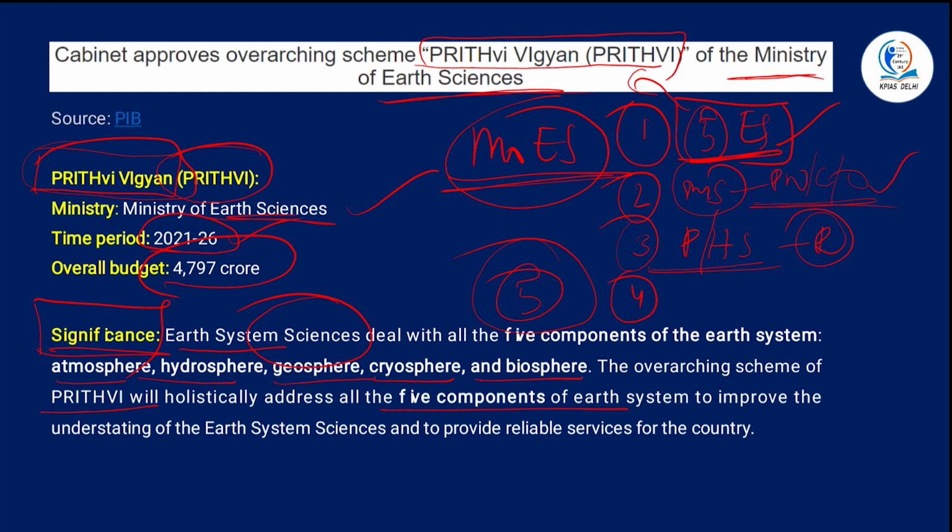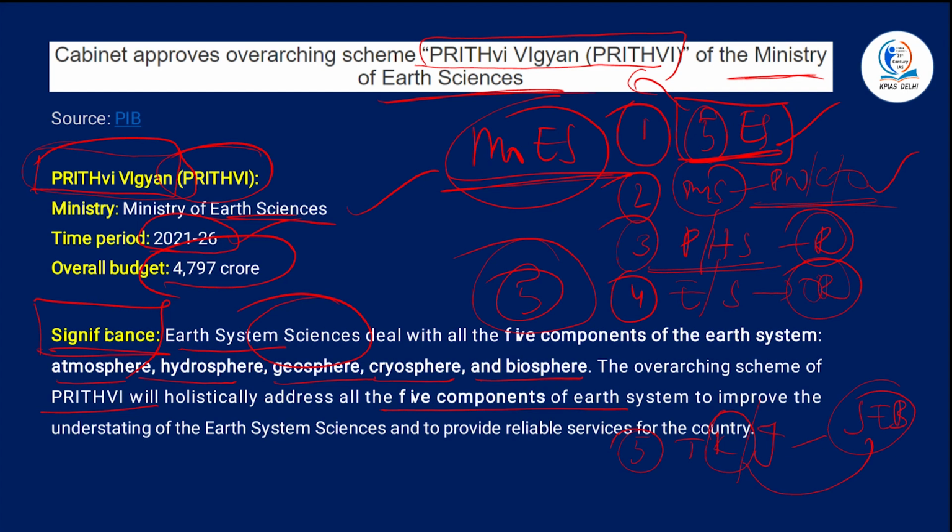Fourth important objective of this particular Prithvi scheme is that it helps in development of technology for the exploration and sustainable harnessing of oceanic resources as well. And finally, the last important objective of this scheme is that it has to translate the traditional knowledge that we have and the insights that we have regarding our Earth systems into societal and economic benefits.